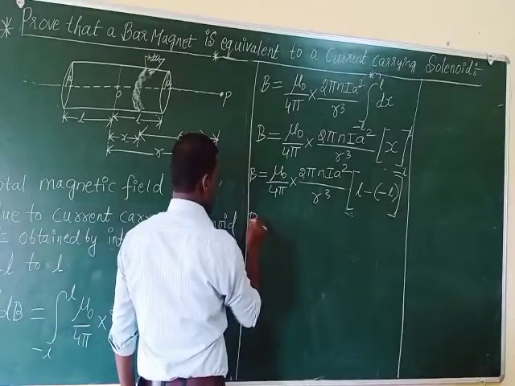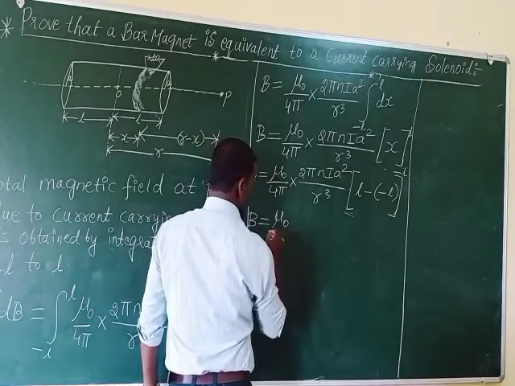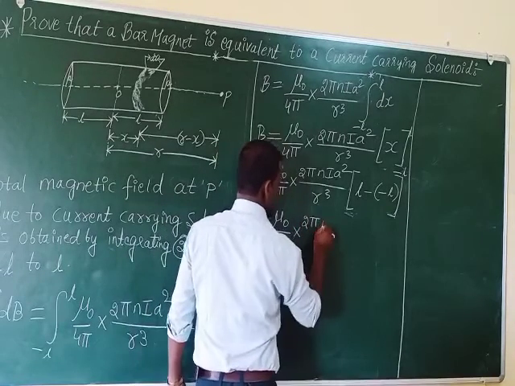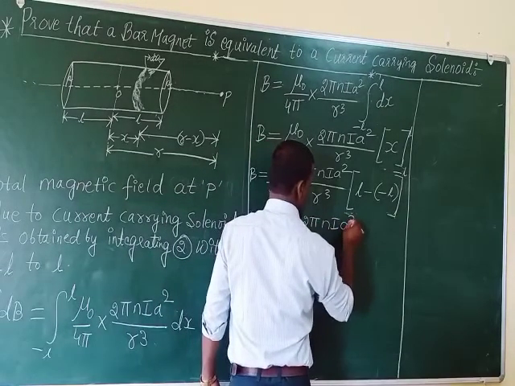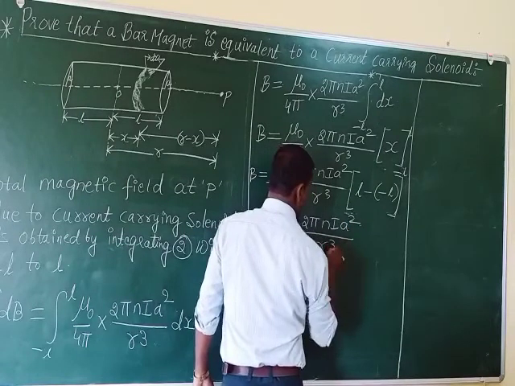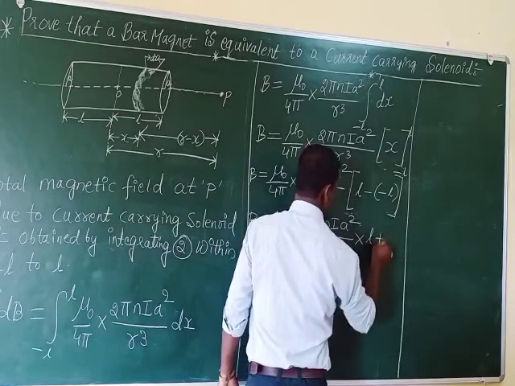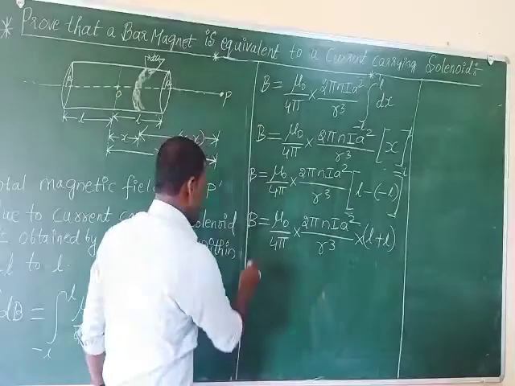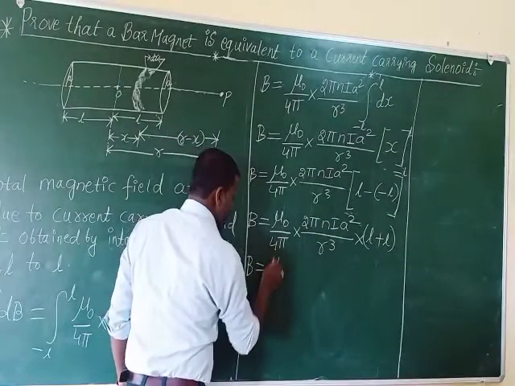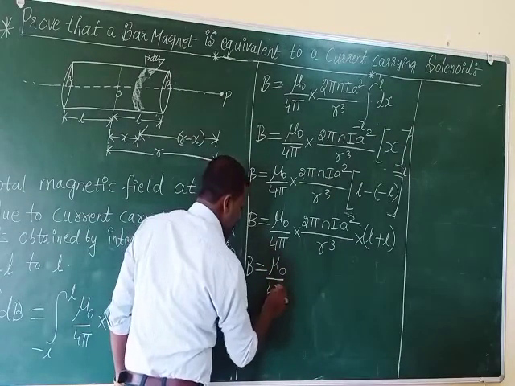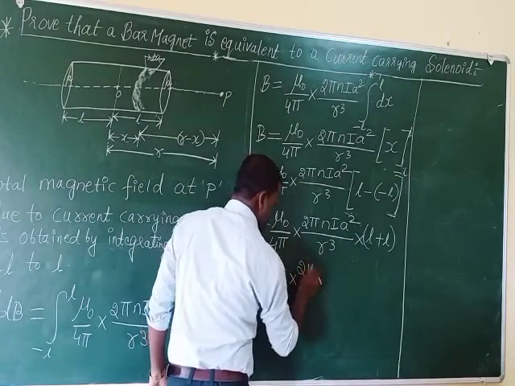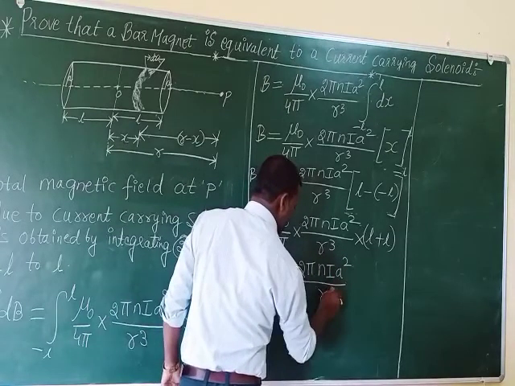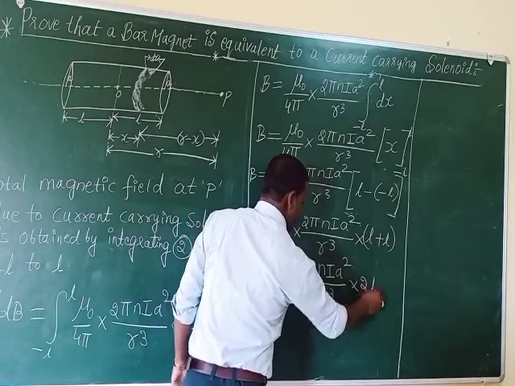So B equals mu naught by 4 pi into 2 pi n I a square divided by r cube into L plus L. So B equals mu naught by 4 pi into 2 pi n I a square divided by r cube into 2L.